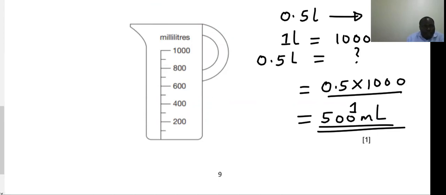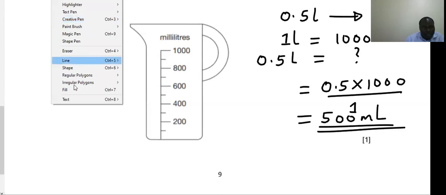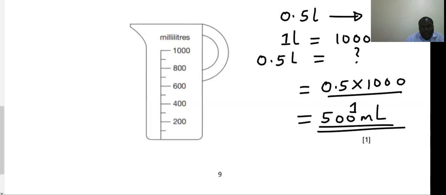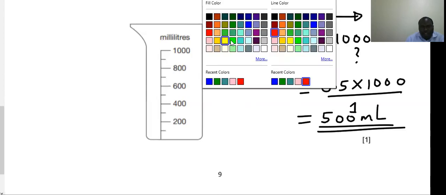We need to know the depth of water in this jug will be 500, and you have spotted where 500 is. So now let us try to draw the water level. Making it a little bit neater. What color was used here?